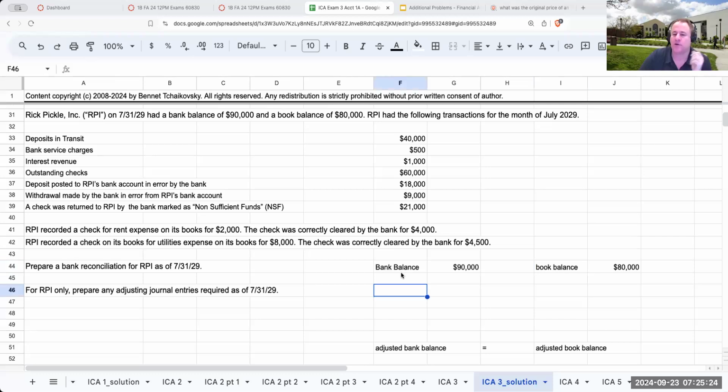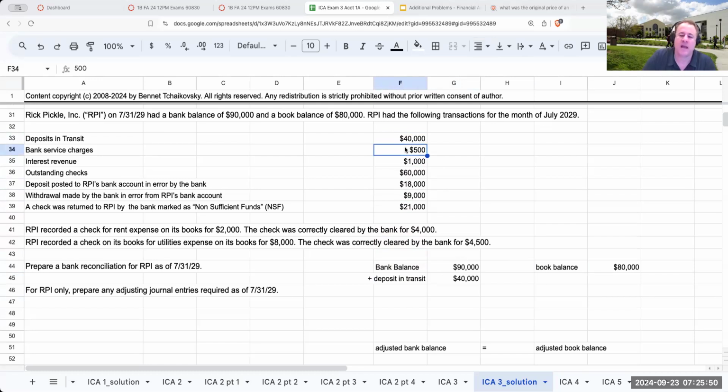So here, the deposit in transit was already reflected as a deposit into my account. So we're going to add in plus deposit in transit, and this is going to be for $40,000. So coming right over here, you've got a deposit in transit.